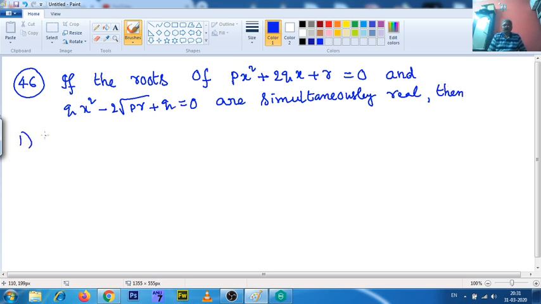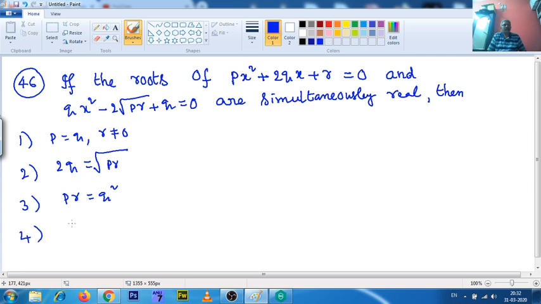The first option: p equals q and r does not equal 0. Second: 2q is equal to root over pr. Third: pr is equal to q square. The fourth, I think, is pr is equal to q.